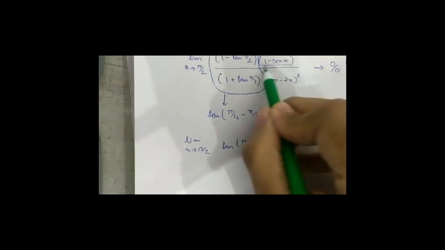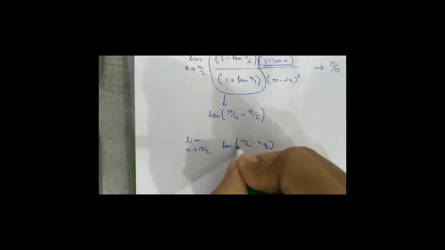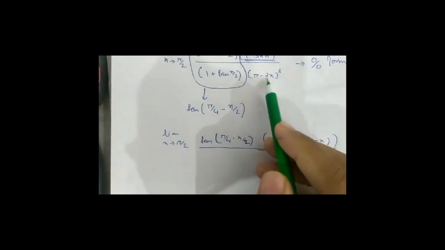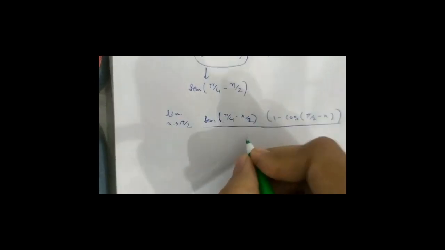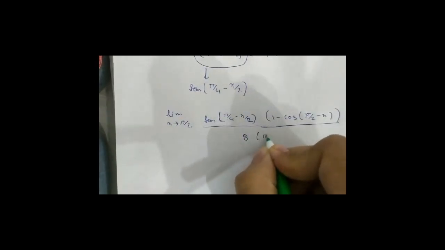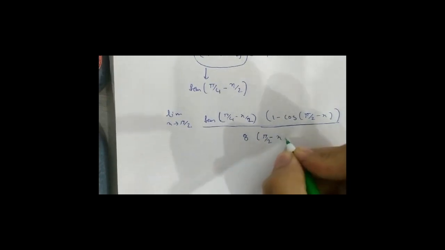And this part I am writing as 1 minus cos of pi by 2 minus x. Why I am writing it like this, you will see in a minute. Okay, fine. So what we can do now is take this 2 that is here out. So this would be like 8 and pi by 2 minus x the whole cube.